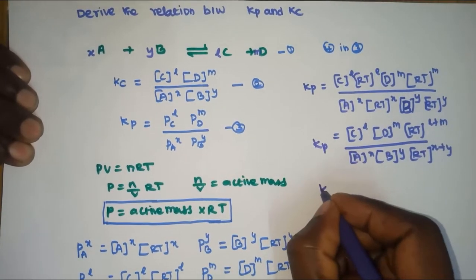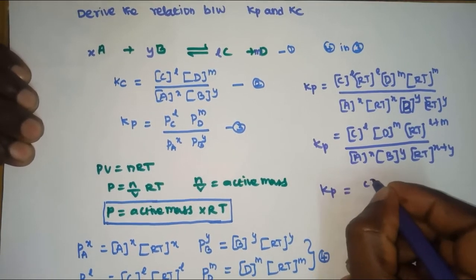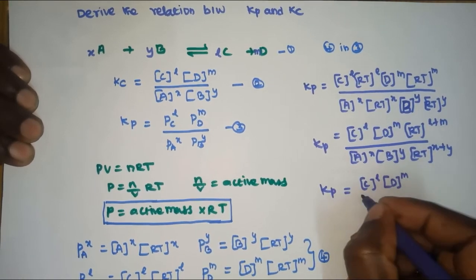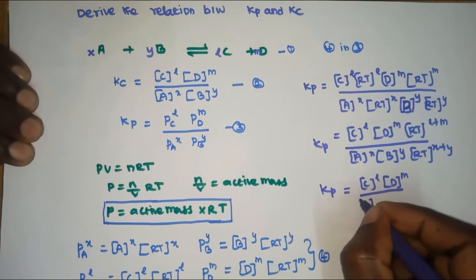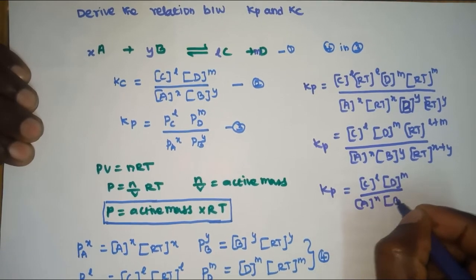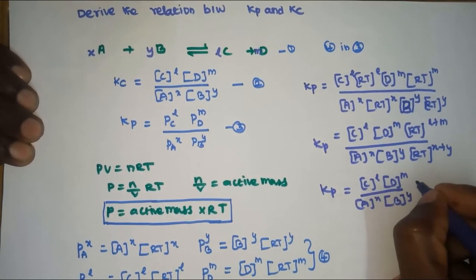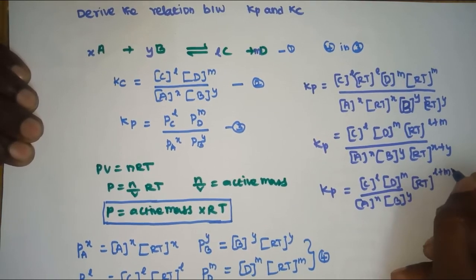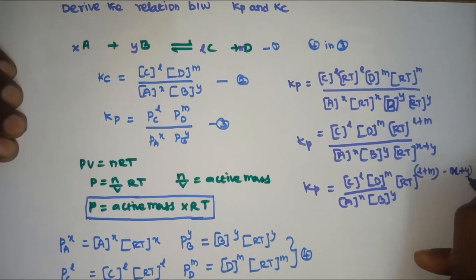Rearranging, Kp equal to C power L into D power M divided by A power x into B power y, into RT power L plus M minus x plus y.